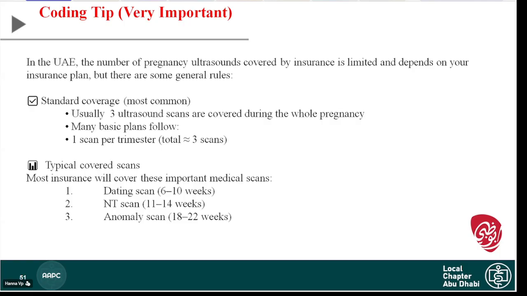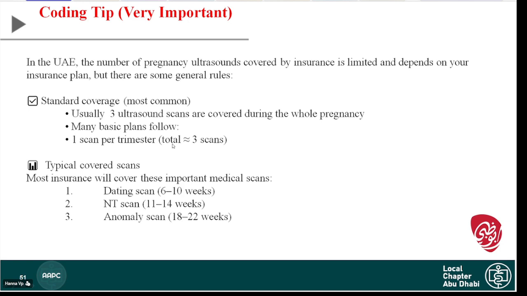What is the standard or most common coverage during pregnancy? Here you can say that usually 3 ultrasound scans are covered during the whole pregnancy. That means 1 scan per trimester; each trimester will have its own scan.